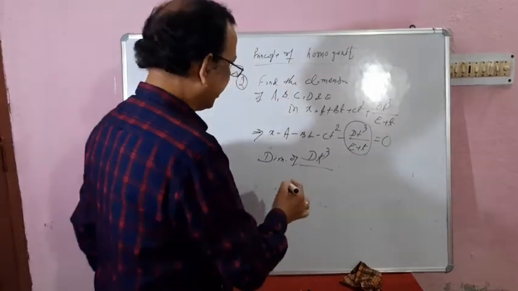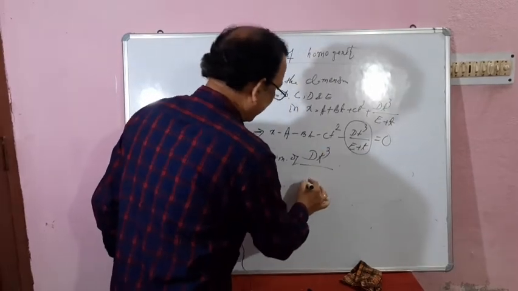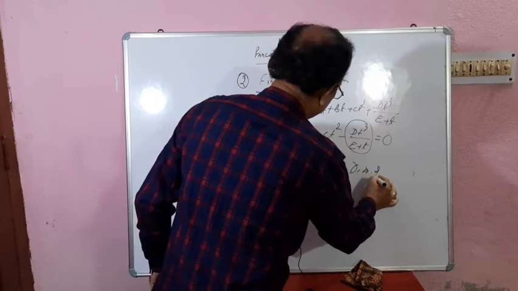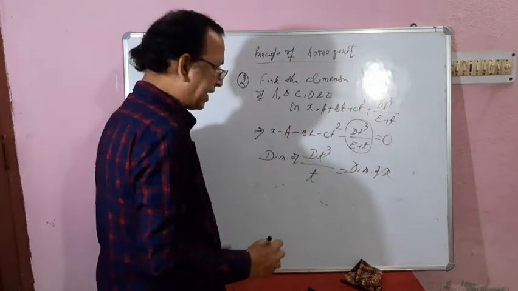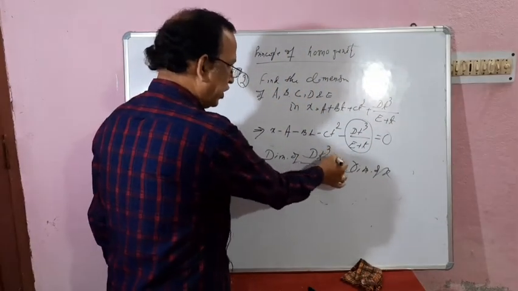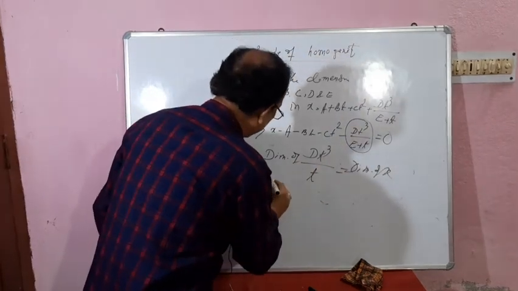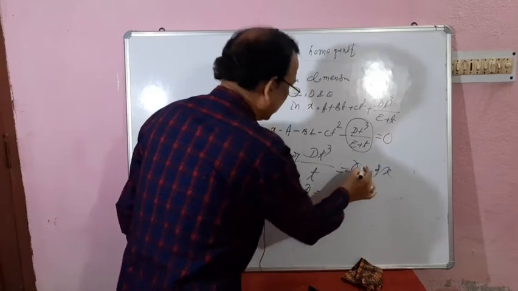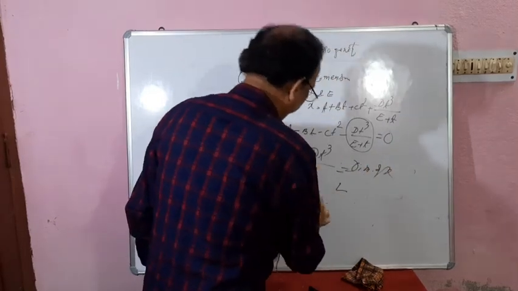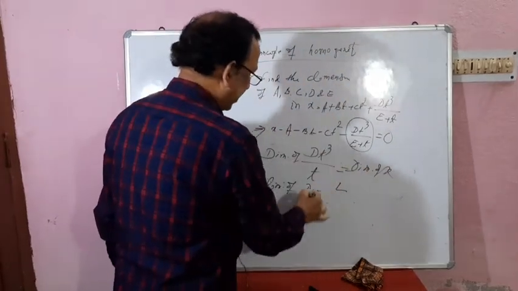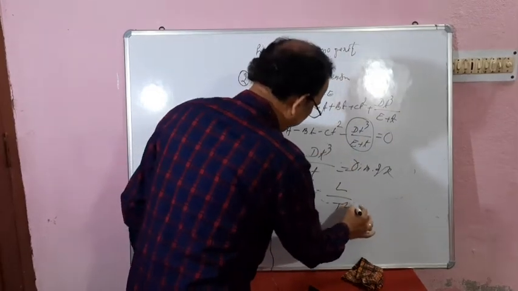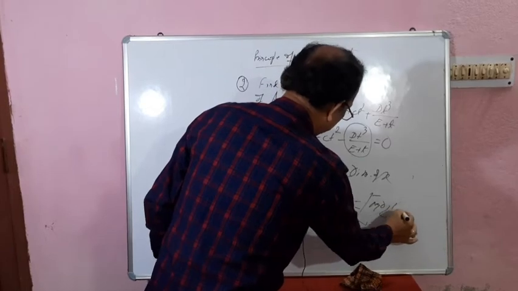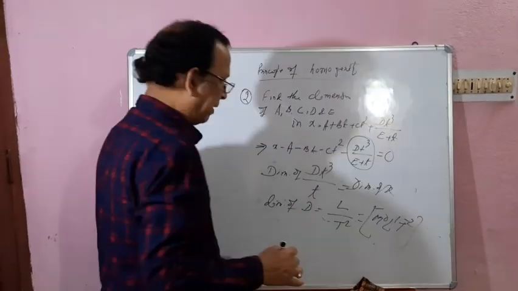So DT square by T is equal to the dimension of x. T cancels, leaving T square. So the dimension of D is equal to the dimension of x, L, divided by T square, which is equal to M0 L1 T minus 2. This is the dimension of D.